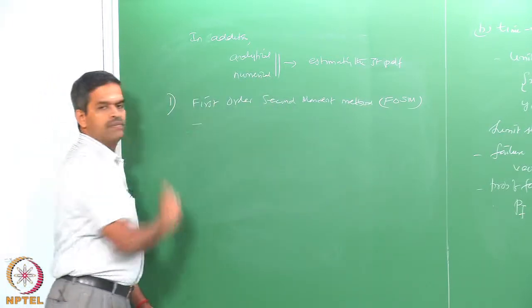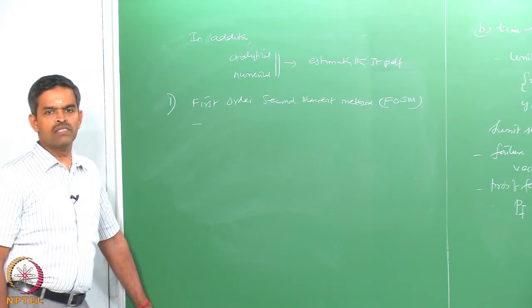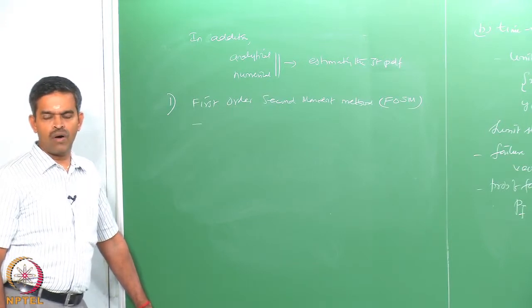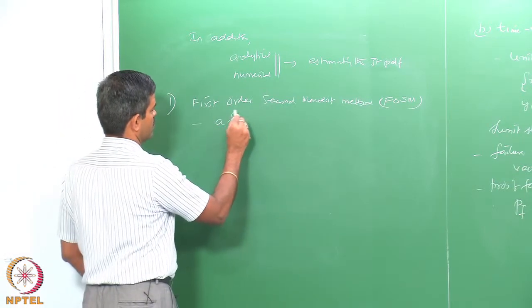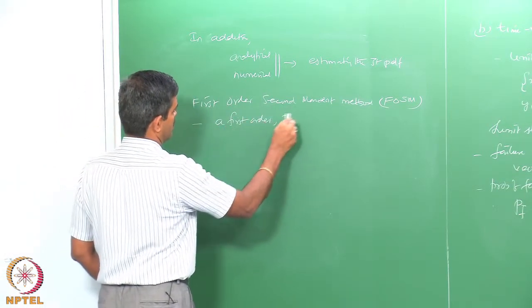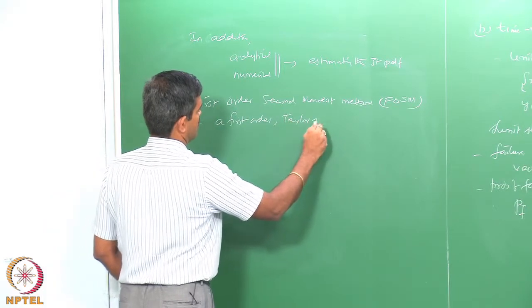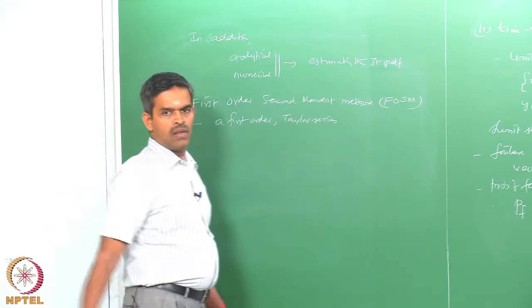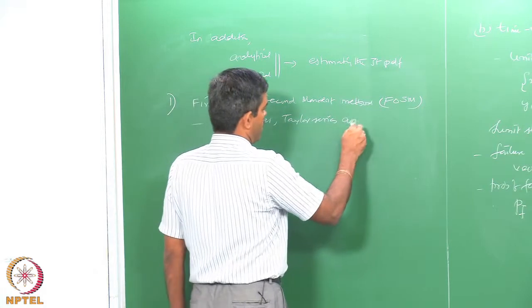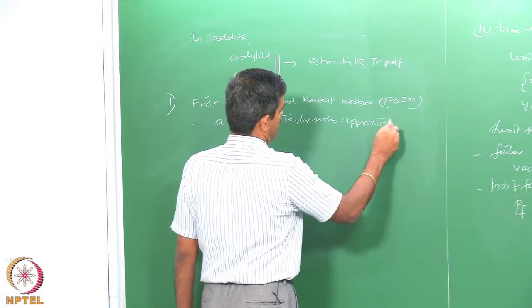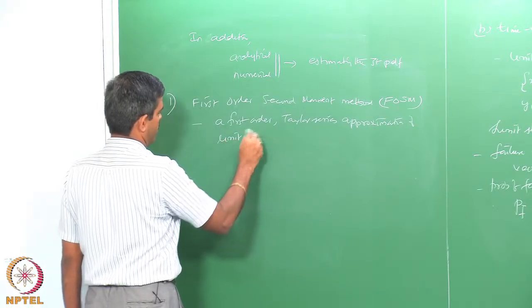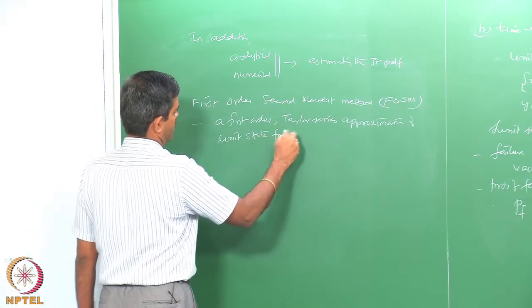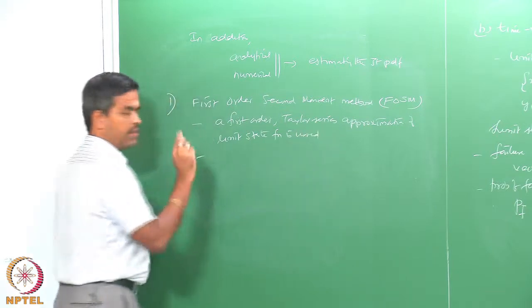In this method, a first order Taylor series approximation of the limit state function is used, and hence the name first order.